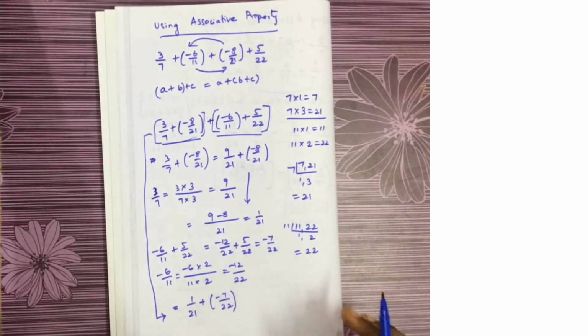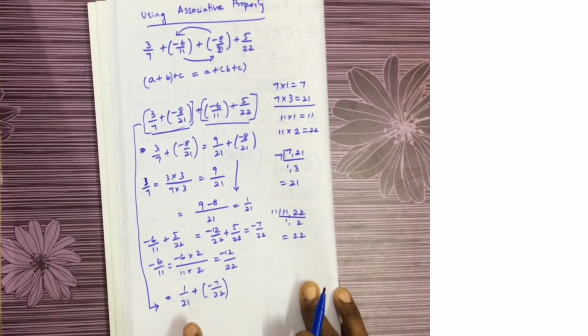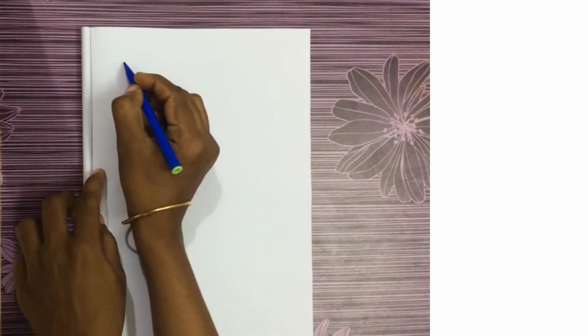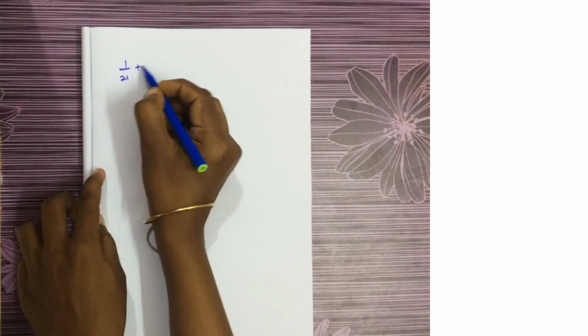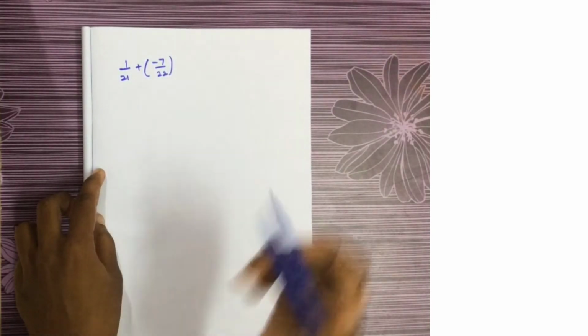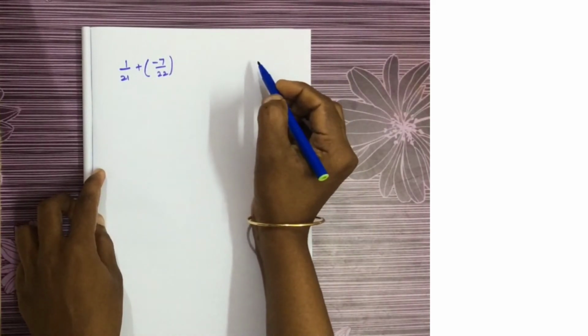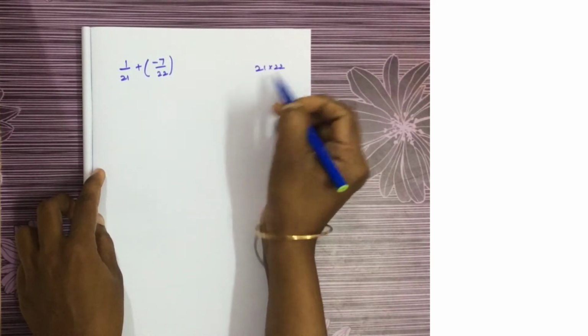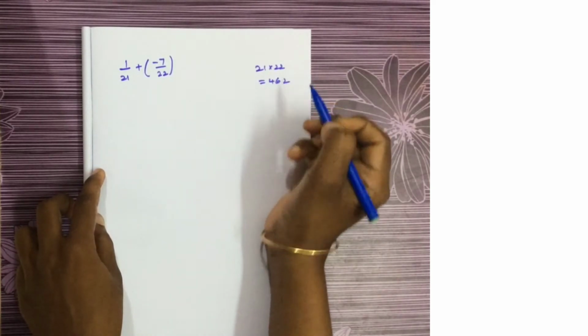Now again you have to take the LCM of 21 and 22. The question now is 1 by 21 plus minus 7 by 22. There are no common factors between 21 and 22, so 21 multiplied by 22 is 462.